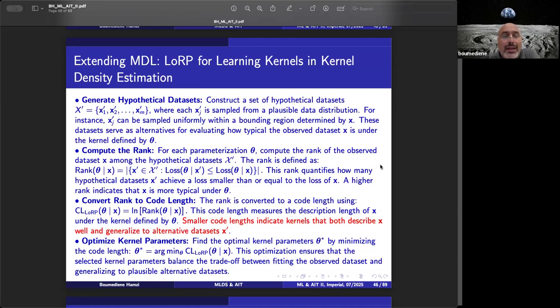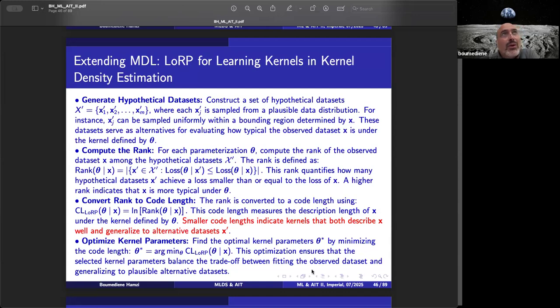A higher rank indicates that X is more typical under theta. Then we convert this rank to a code length by taking the log. Smaller code lengths indicate kernels that both describe X well and generalize to alternative data sets X prime.